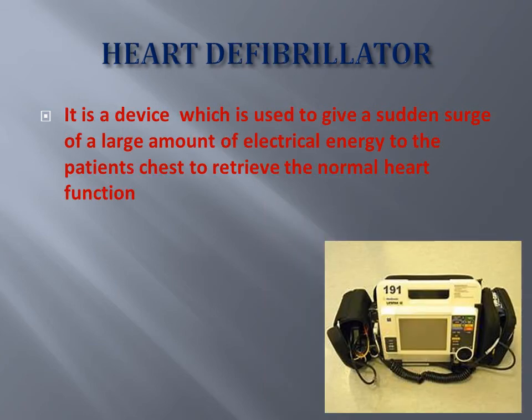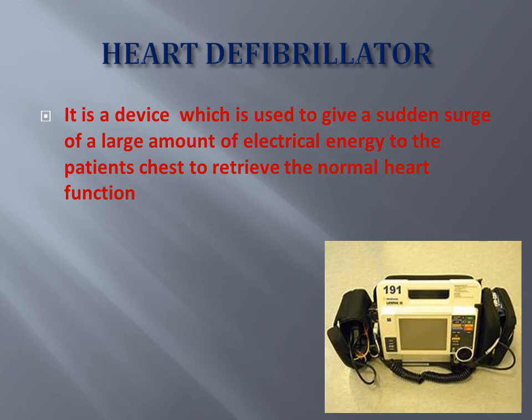The second application is your heart defibrillator. This is used when a person has a heart problem and is not able to breathe. Usually the first aid which we give is we put our hands together and keep on beating the heart.